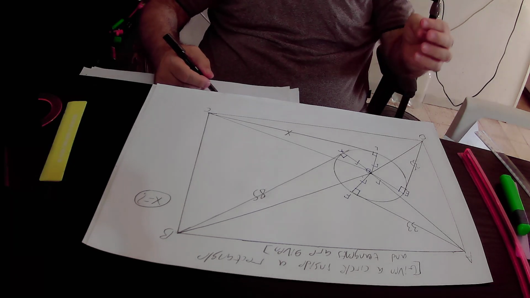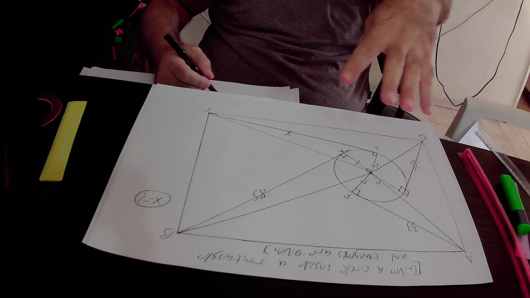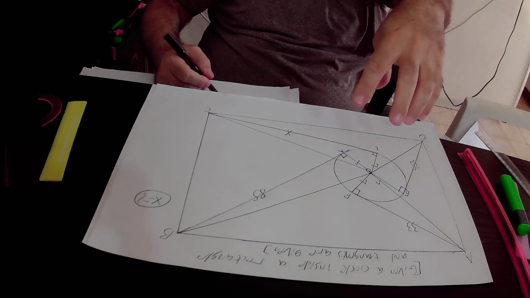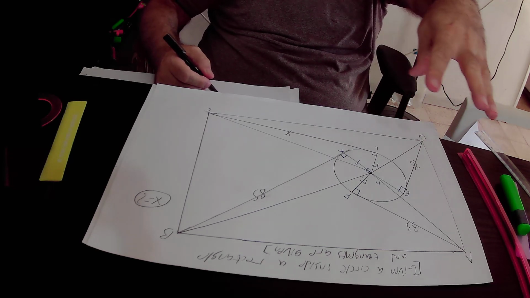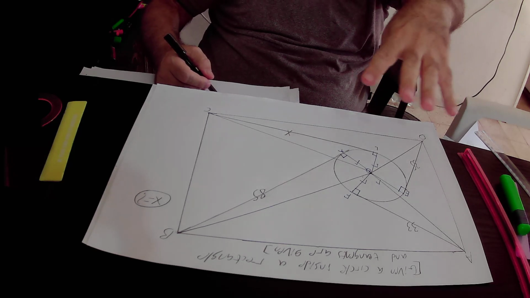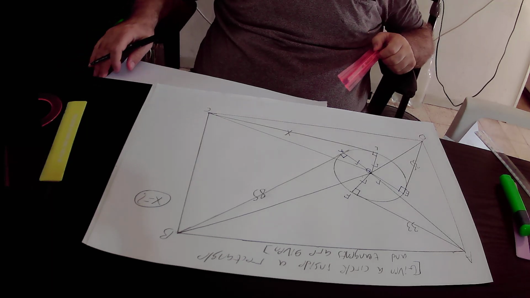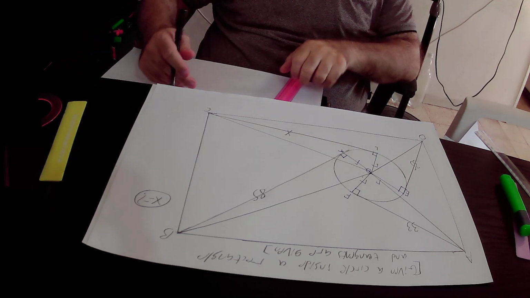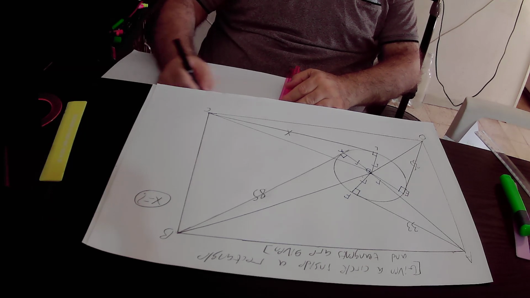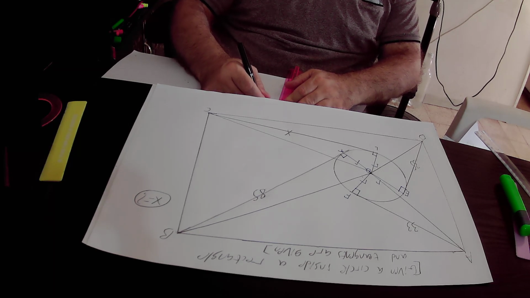In the next step, I will copy rectangle ABCD in a new page and also the rectangle with the circle, and we will analyze rectangle ABCD. We will do a construction. So we have rectangle ABCD. Inside rectangle ABCD, we have a circle.